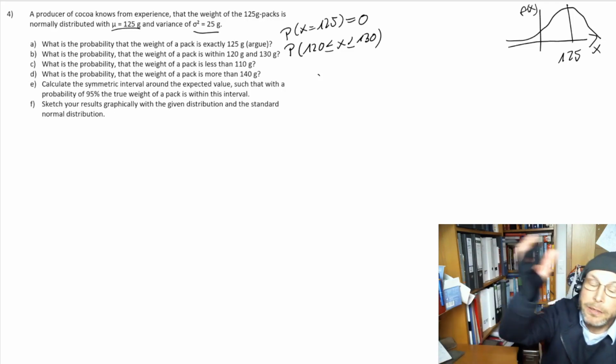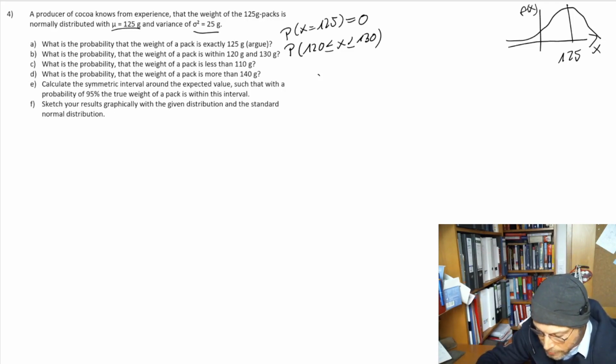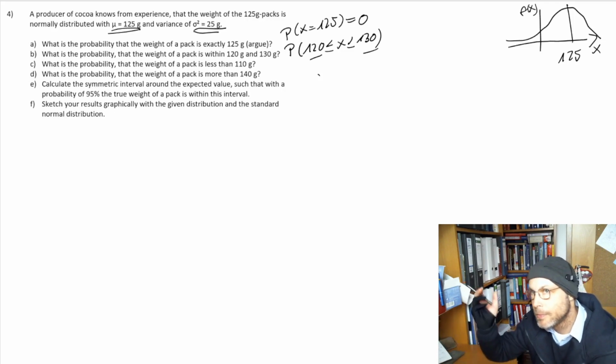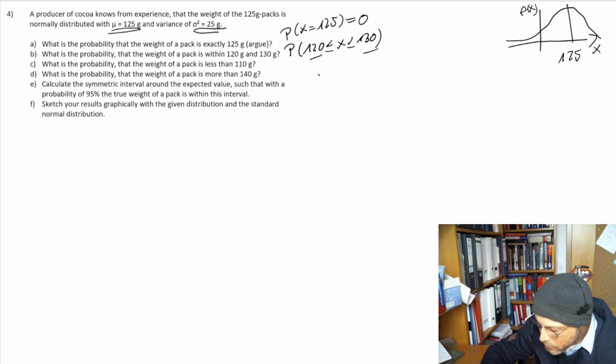Well, of course, we can go to our statistics program. We just put in expected value, variance, give the two numbers, and we are done. Then we obtain, I don't know, 25% or something like this. But what do we do here?